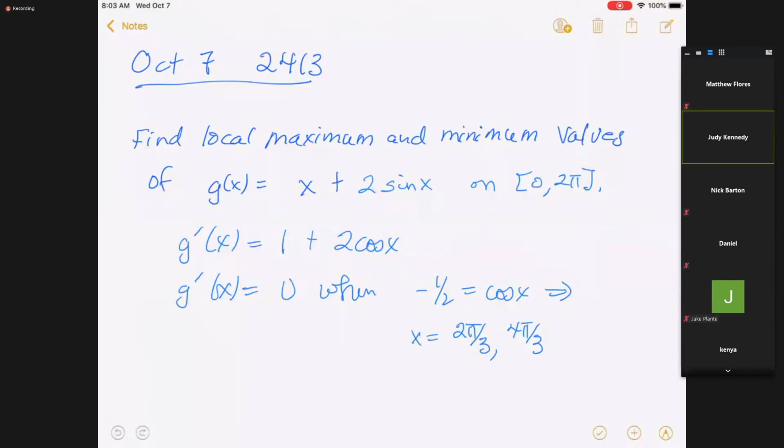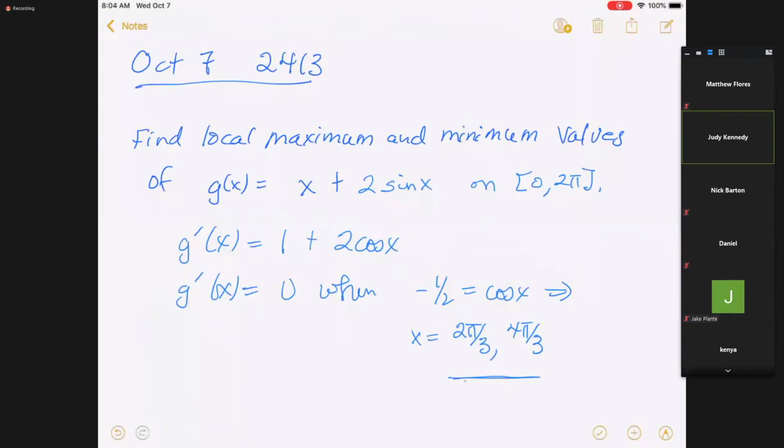This derivative is defined everywhere, so we don't get any critical numbers from the derivative not being defined. The ones we get are by setting g prime of x equal to 0. And we found that x was 2 pi over 3 or 4 pi over 3.